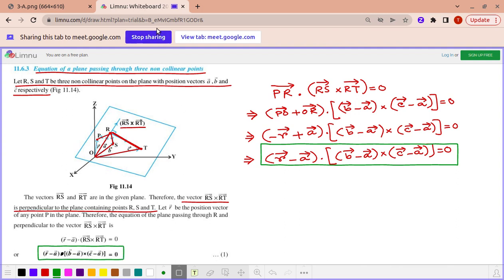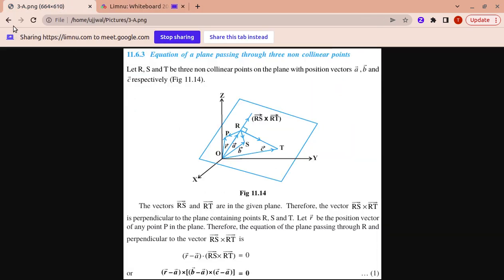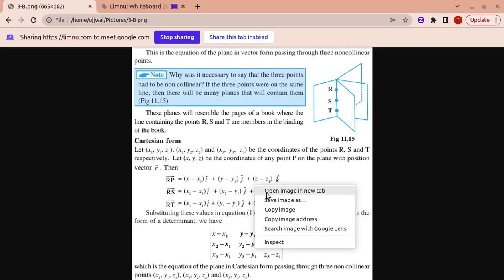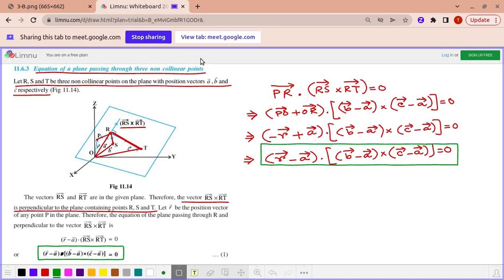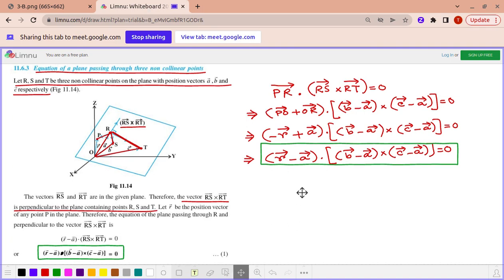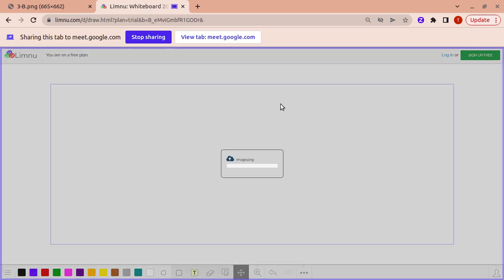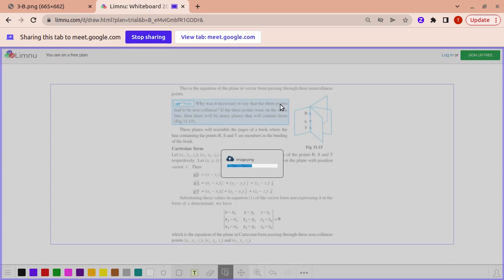Now, dear students, what are we going to discuss? We are going to discuss the concerned Cartesian equation, the Cartesian format. So for that, let me place that particular point here.